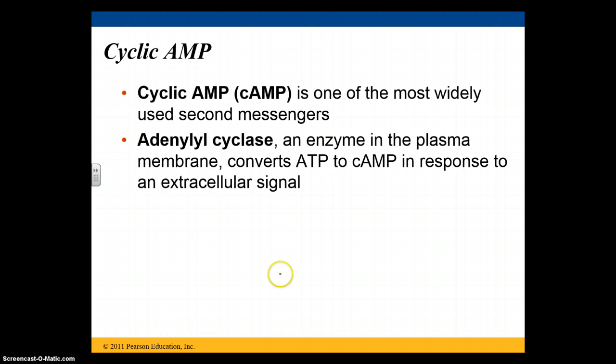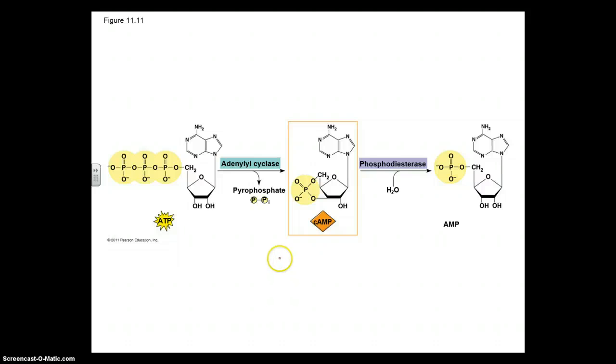Cyclic AMP is one of the most widely used second messengers. We have adenylyl cyclase, which is an enzyme that's going to convert ATP to cAMP, or cyclic AMP, in response to some type of extracellular signal. So here is what this looks like.